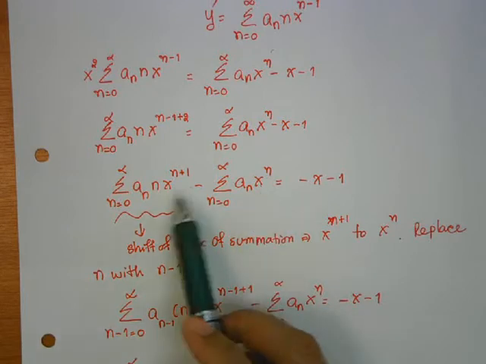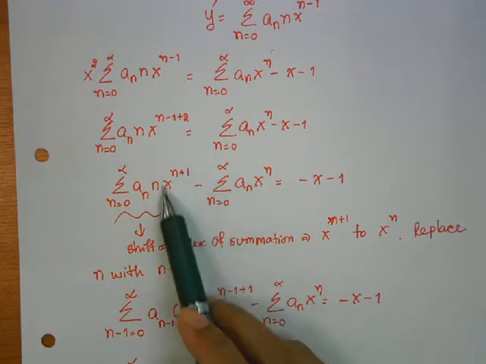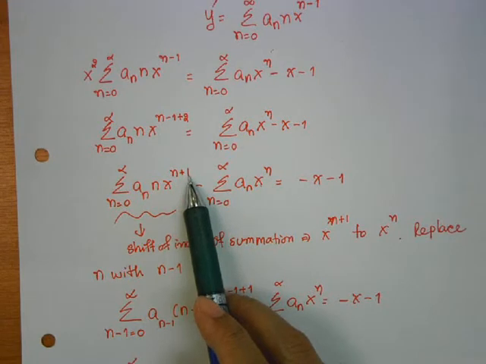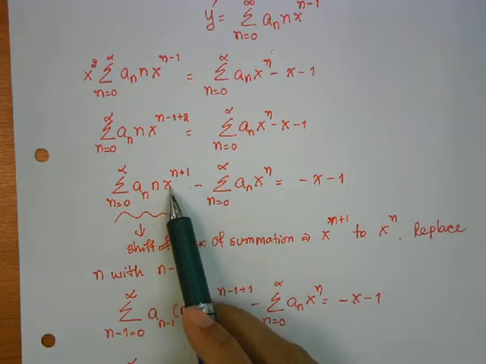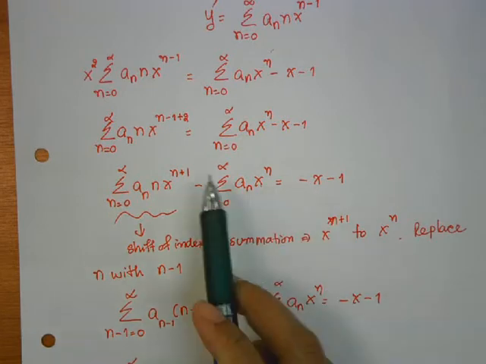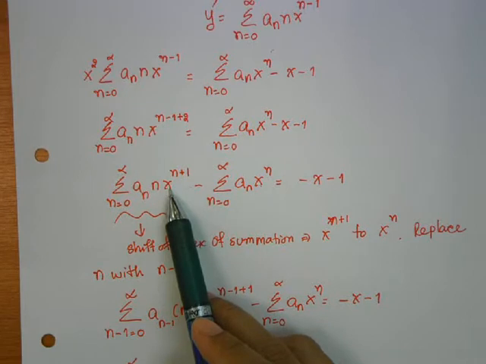If you want to combine them, you have to make the term of x to the power n plus 1 become x to the power n. In that case, you have to shift the index of the summation of the x to the power n plus 1 term by replacing n with n minus 1.